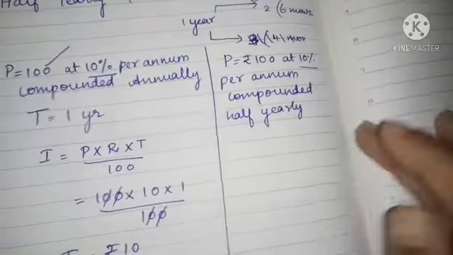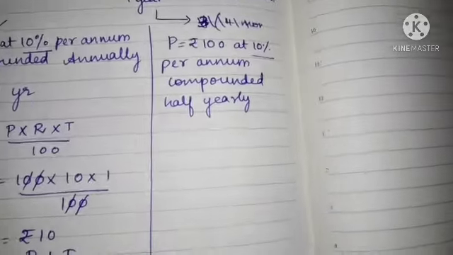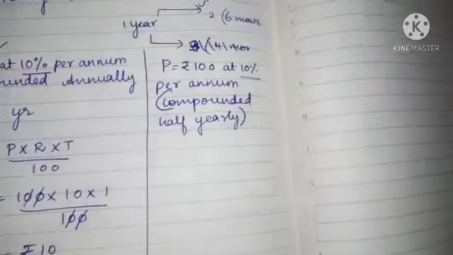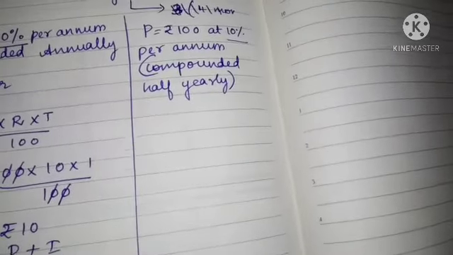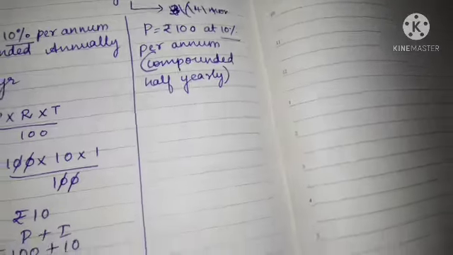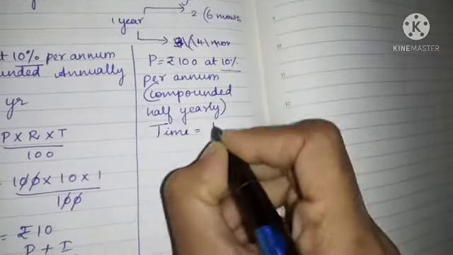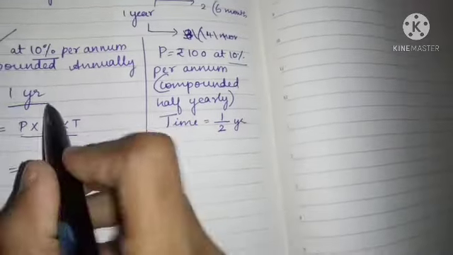The rate is this one. But here the time period is 6 months. Why? Because they have told you we can pay every half year, which means 6 months. They told us compounded half yearly. So the time period will become 1/2, half year. This is 1 year, this is half year. That's the difference.